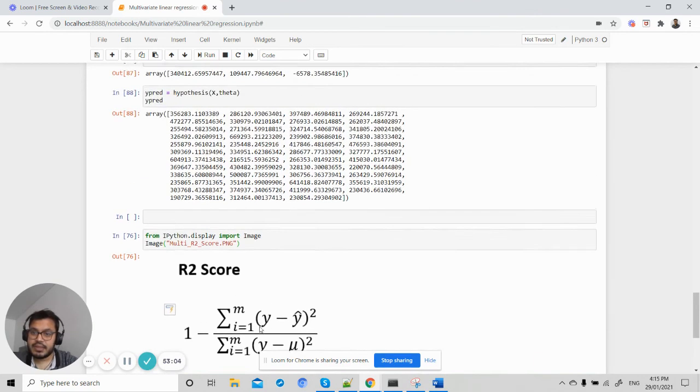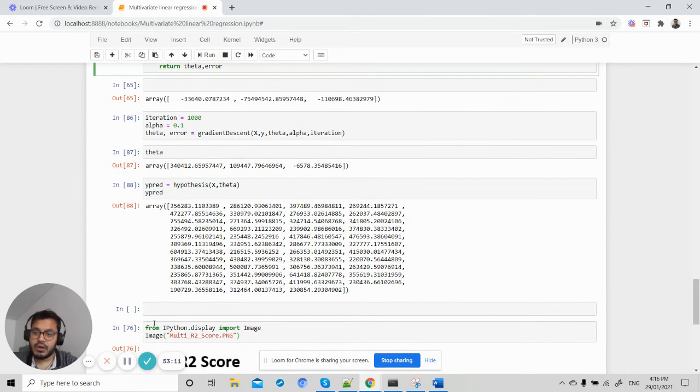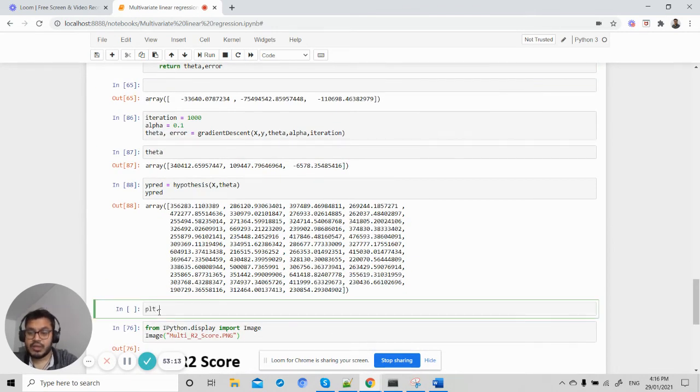Also, one thing to note is we have appended our error, so we can plot and see how much error we have in our model and how many iterations we can use.